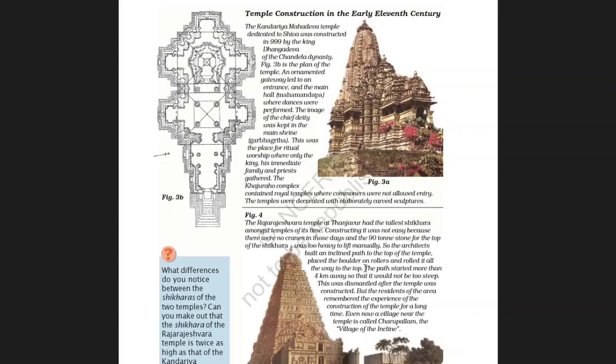That way they built a path to the top of the temple and placed the boulder on rollers and rolled it all the way to the top. The architects placed the boulders on rollers, and by rolling it was carried up to the top.